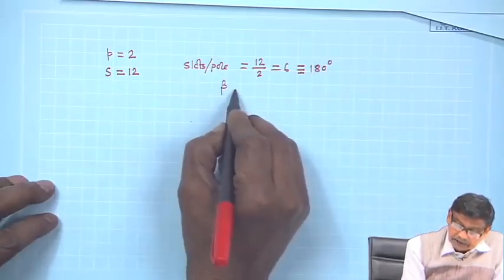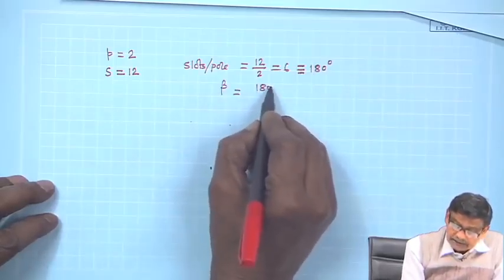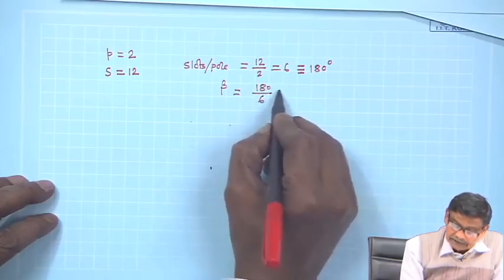Therefore, the beta value is 180 by 6, that is 30 degrees.